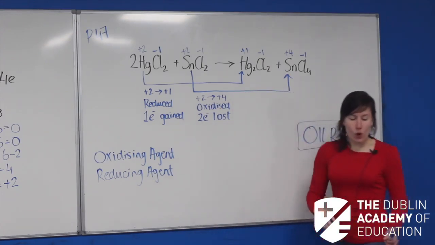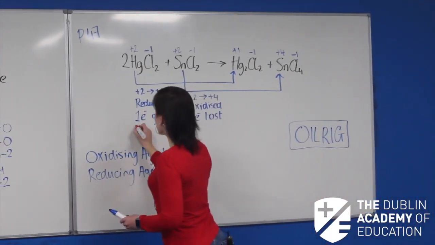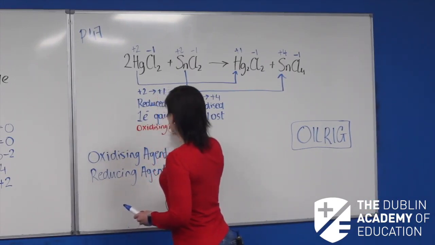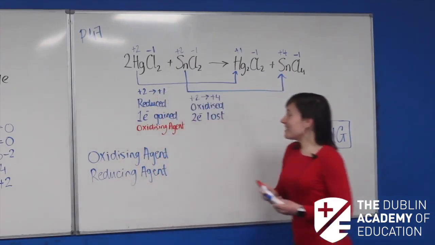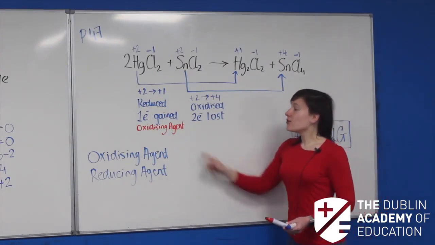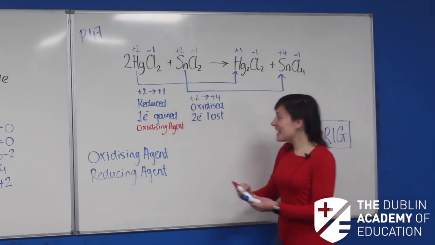This is what we would call the oxidizing agent. Okay, so this is the oxidizing agent. Okay, it is allowing the other reagent to be oxidized. So this is our oxidizing agent. It itself is reduced. It gains electrons.